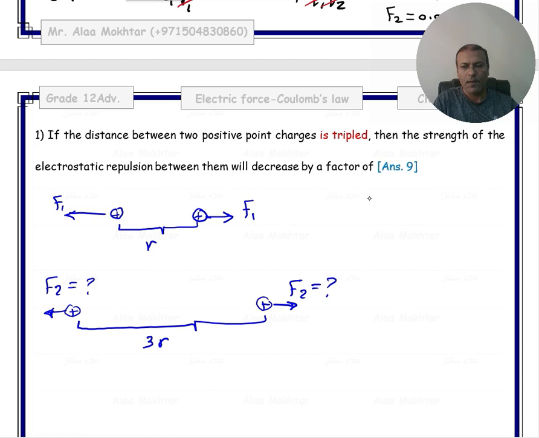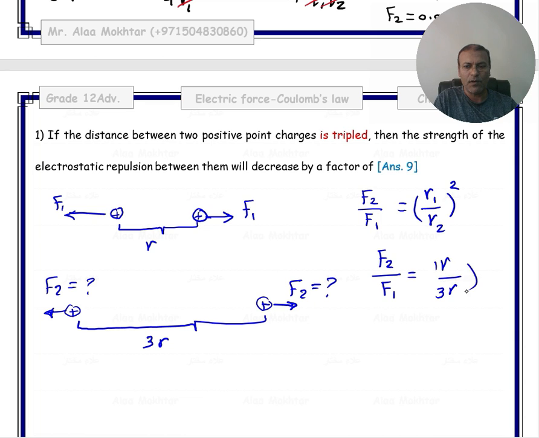Okay, we know that F2 over F1 equals R1 over R2. Don't forget the square. F2 is unknown. F1 is named F1, we don't know the value. R1 is R, R2 is 3R. R over 3R. Don't forget what? The square.